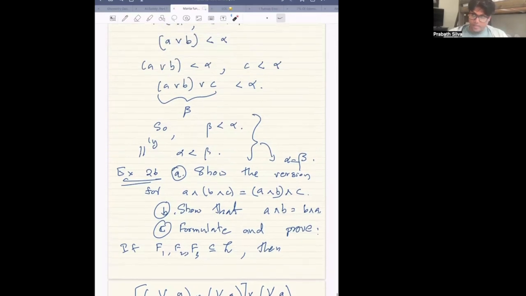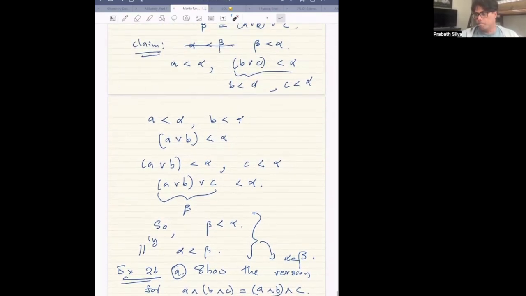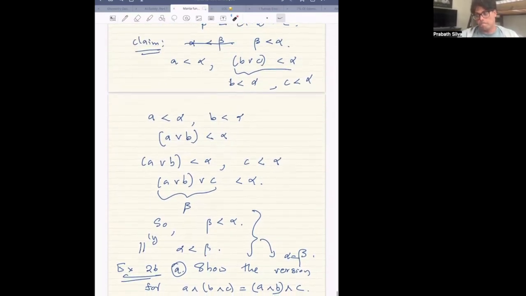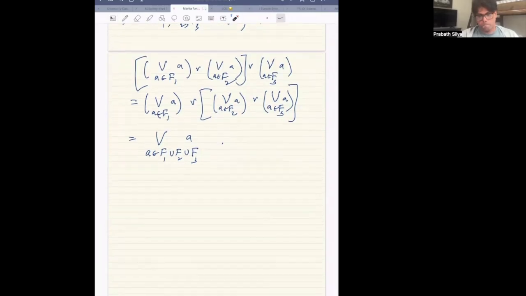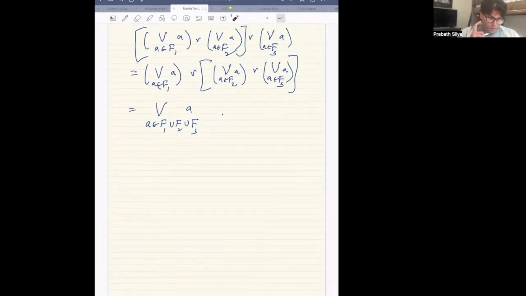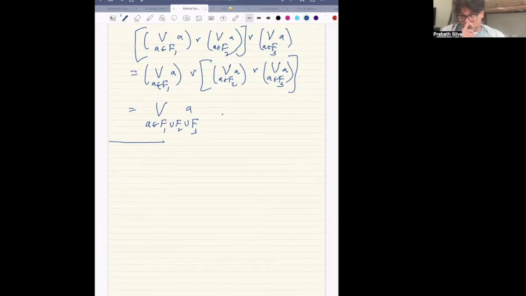Now, so the associativity law, we were able to actually work with the case of partial orders, and when things exist, then it's all good.